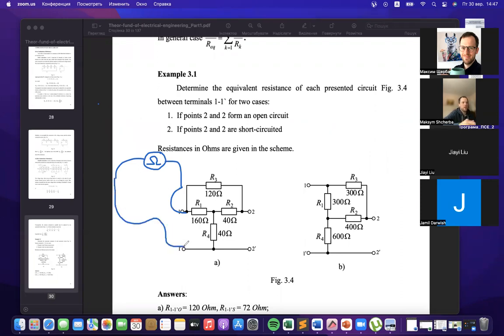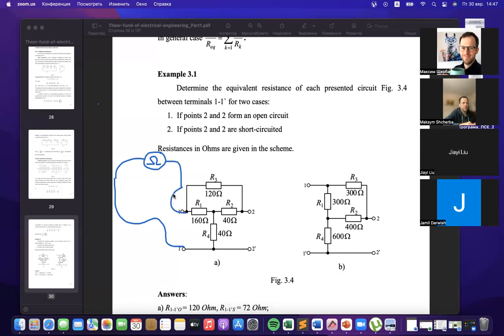For example, we want to measure resistivity between points 1 and 1, like I connect here. How could we measure it? We are looking at which type of connection we have.